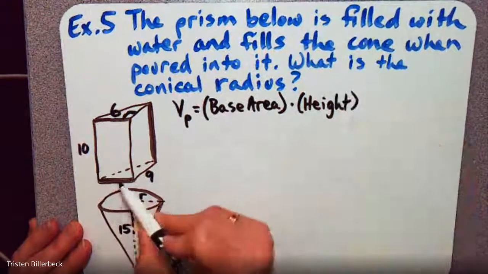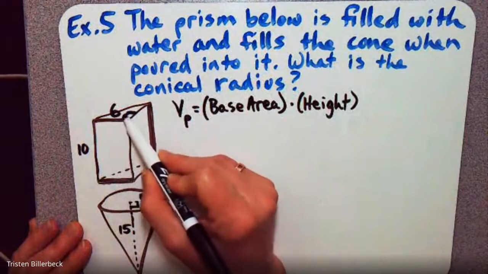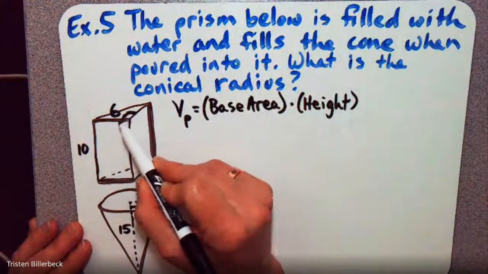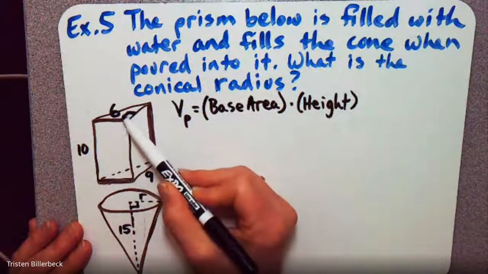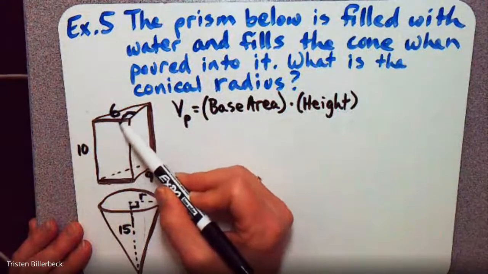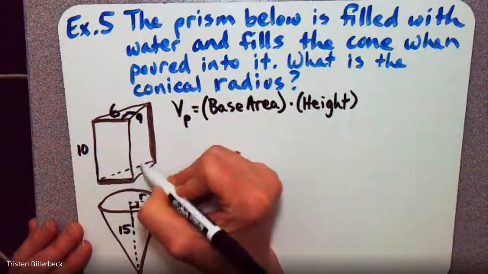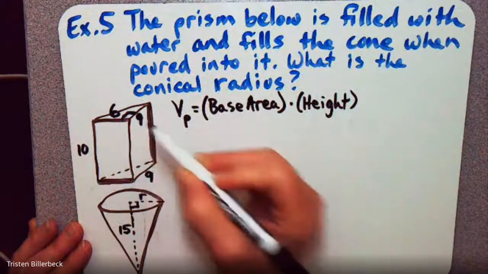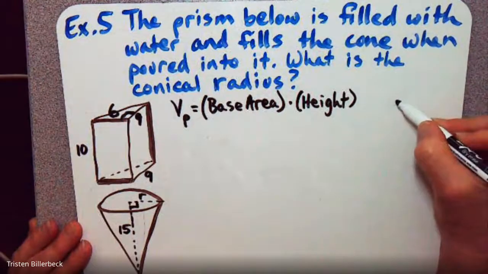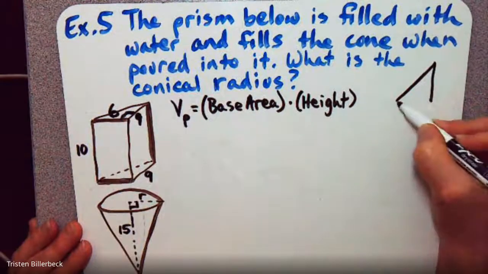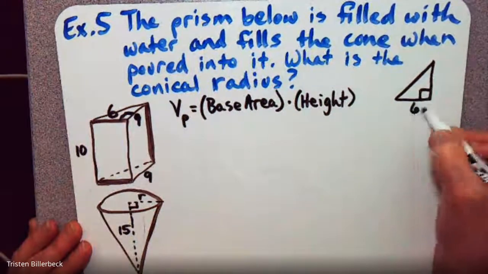Okay, so we see that the base area is a right triangle, because even though that doesn't look like a right angle, because of the way we're looking at this, this is a symbol for a right angle. So we have 6 here, we have 9 here. So our right angle looks like this, and we have 6 and we have 9.